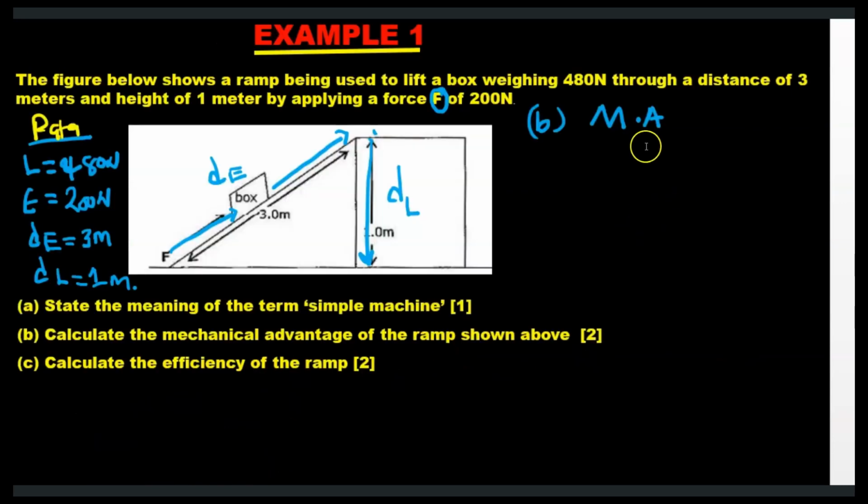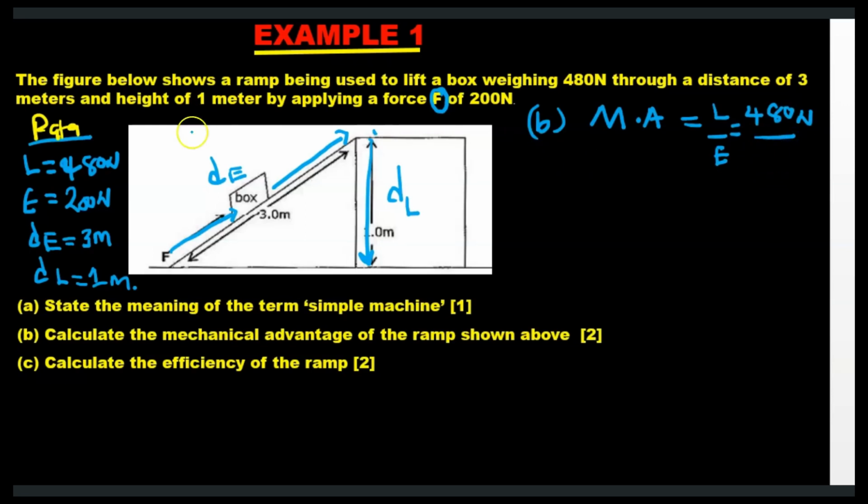So here we are saying mechanical advantage is a ratio of load to effort. So what are we replacing on load? Load, we said, is the weight of an object, and therefore is 480 Newton. What about effort?